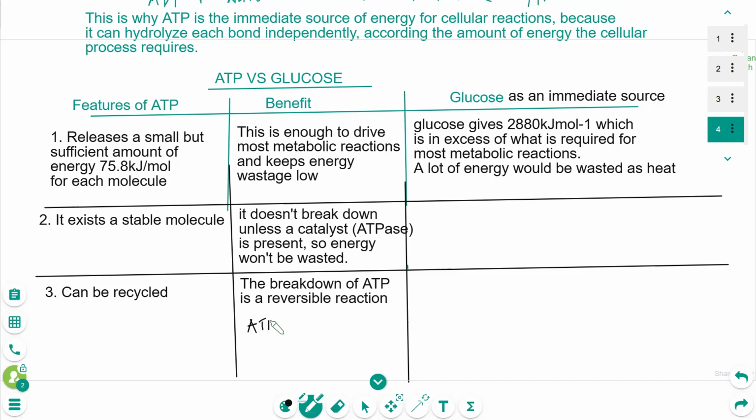ATP can break down to give ADP and Pi, but you could also reverse it and put the ADP and the phosphate together and get back the ATP.